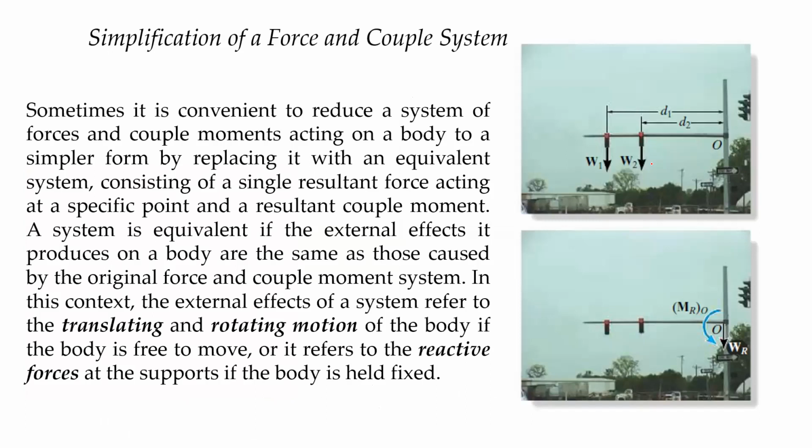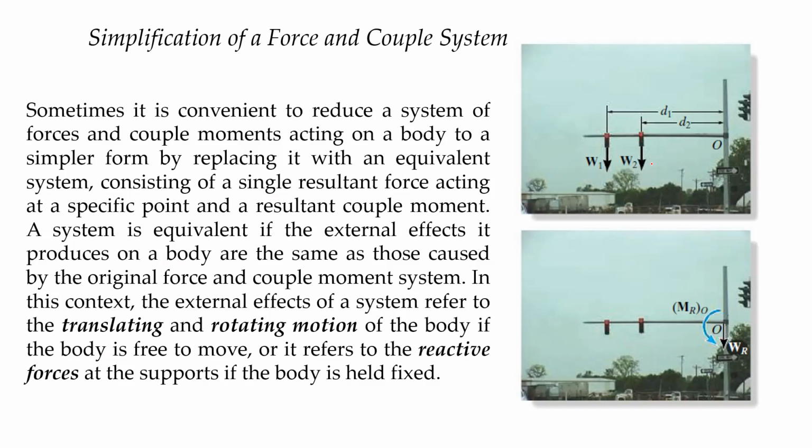Next would be, sometimes it is convenient to reduce a system of forces and couple moments acting on the body to a simpler form, right? By replacing it with an equivalent system consisting of a single resultant force acting at a specific point and a resultant couple moment. So a system is equivalent if the external effects it produces on the body are the same as those caused by the original force and couple moment system.